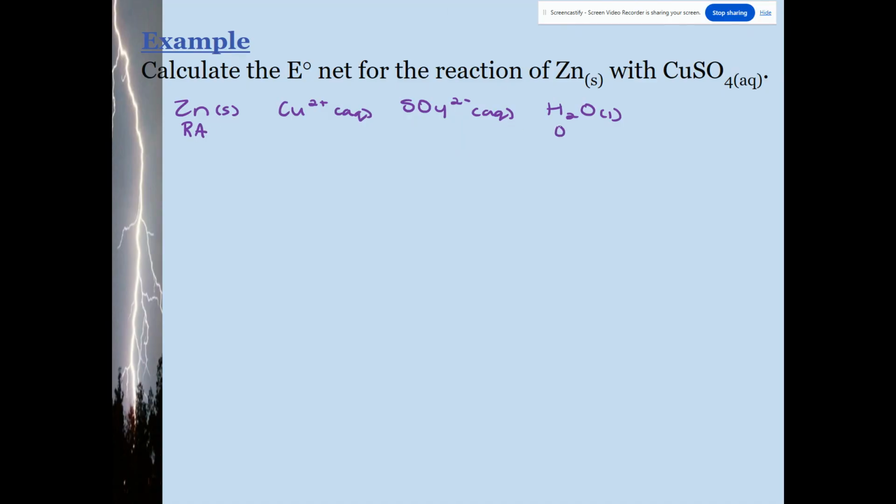Of course, the water could also be an RA, but you'll find that zinc is obviously further down on the right-hand side. So that's my strongest reducing agent. And my copper is the strongest oxidizing agent. Now, sulfate can also be an oxidizing agent with hydrogen ions, but there are no hydrogen ions present. It can also be an oxidizing agent with water, which is present, so we can list it there like that. But again, my copper is going to be my strongest oxidizing agent.